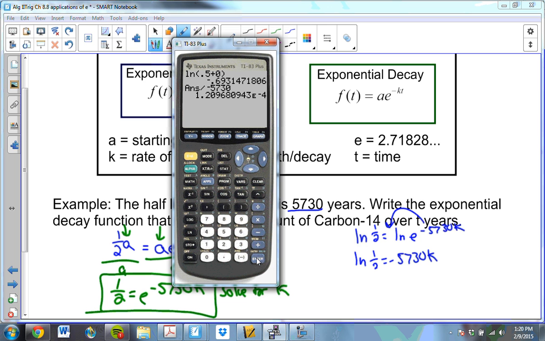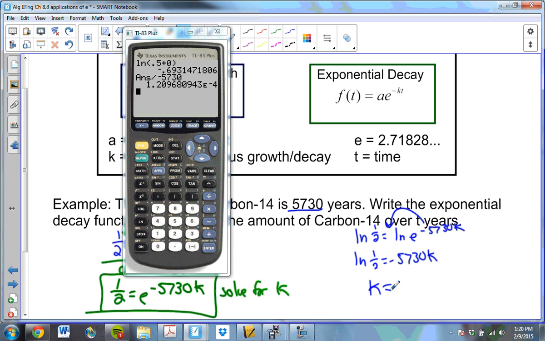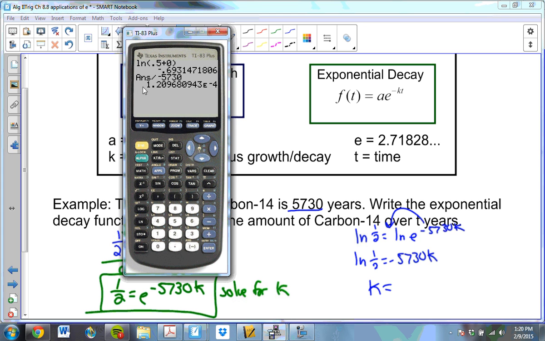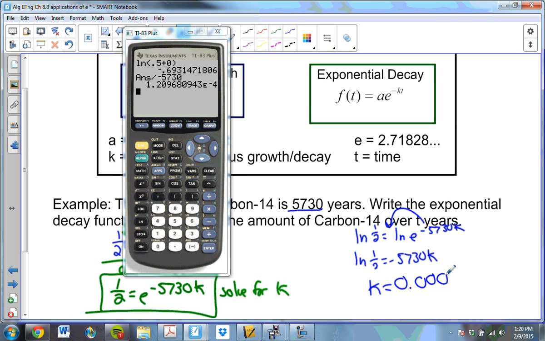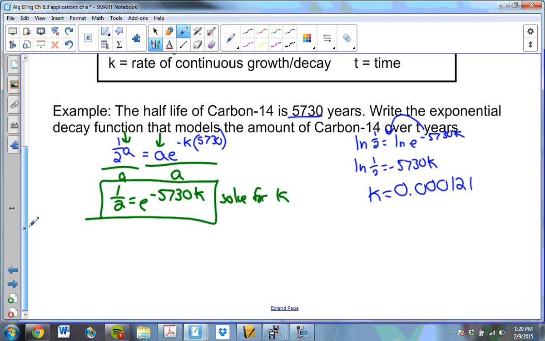1.21 times 10 to the negative 4, scientific notation. So I'm going to say that k equals, if I move the decimal 4 places to the left, there's 3 zeros, 0.000121. I'm going to round a little bit. I did all that work to find that k value.